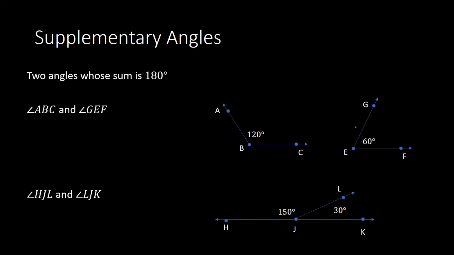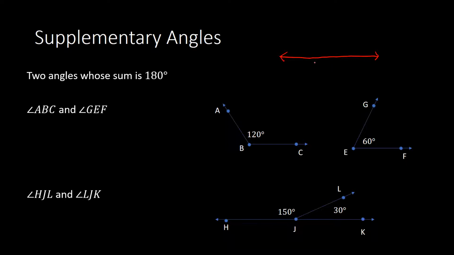By the way, a little side note, supplementary angles require two angles to add up to 180. That is different than a straight angle. A straight angle is one angle that is 180 degrees. So this is a straight angle. This would not be supplementary.